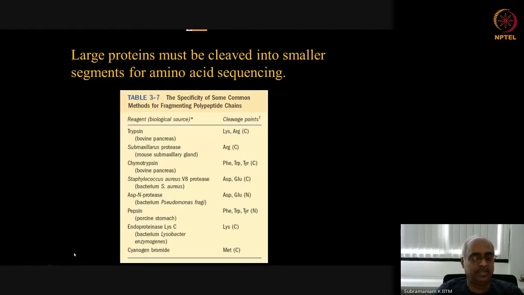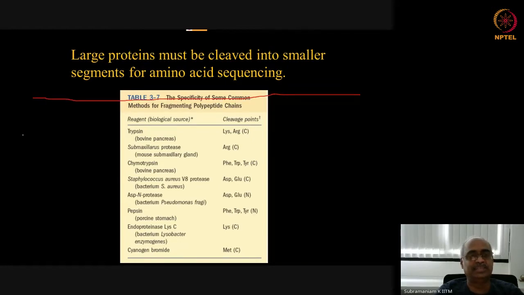So now, for example, if I have a polypeptide, let's try using the blackboard here. Let us say this is a long chain. I'm going to go this side.